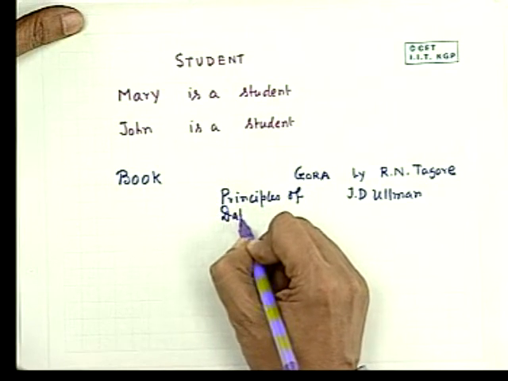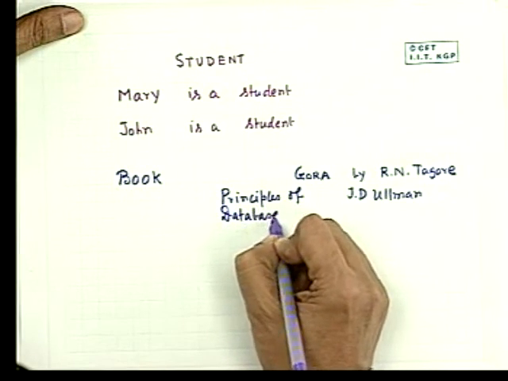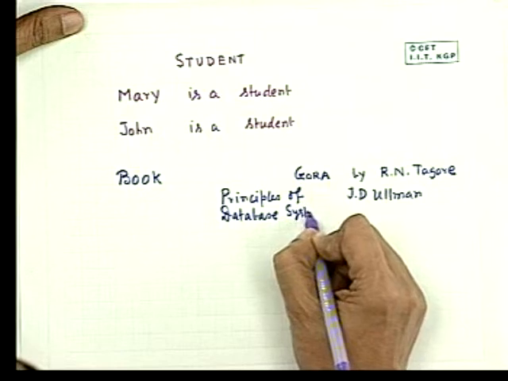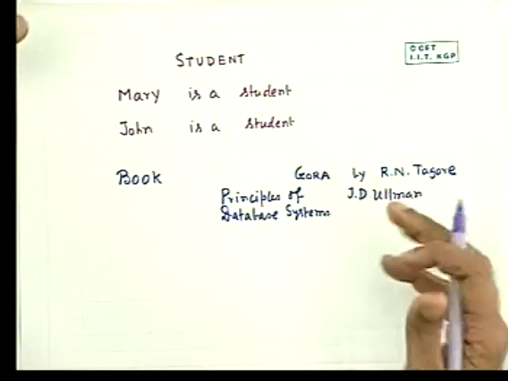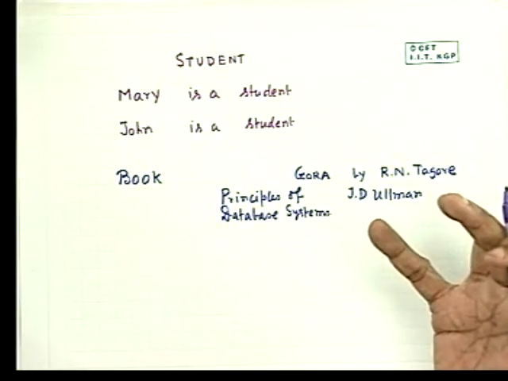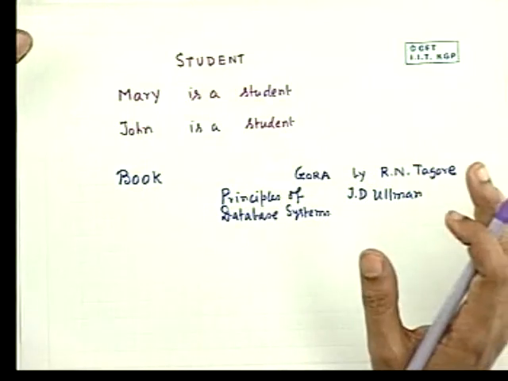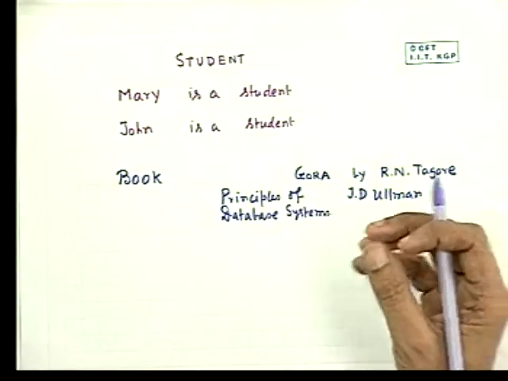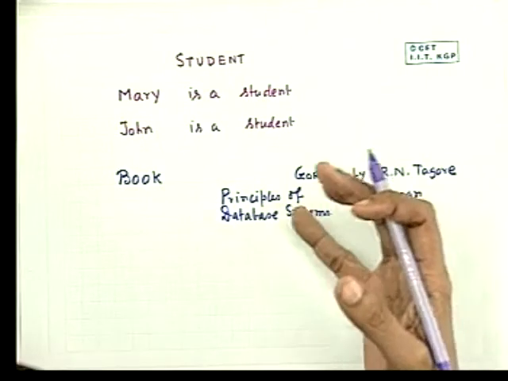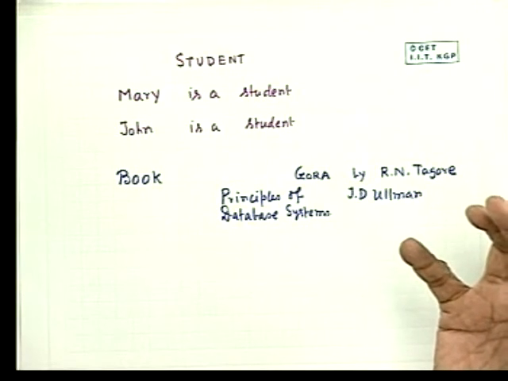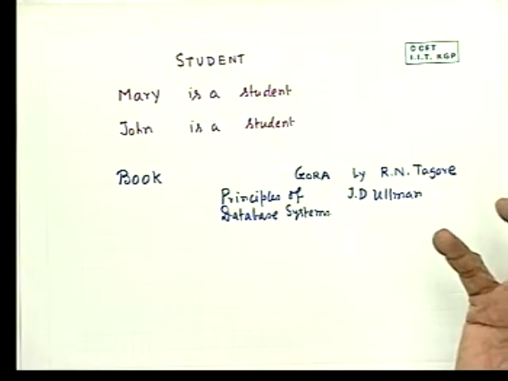Each book will have certain authors, and we have the title of the book. So we can think of the book as a real world entity, and there are several instances of books, for example Gitanjali, or a database systems book, or a book on medicine or physiology or history.